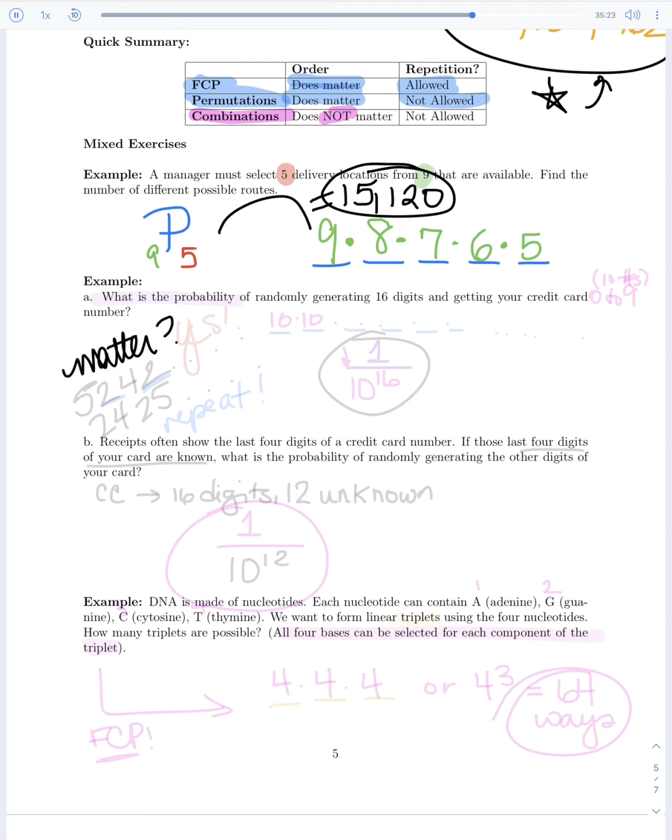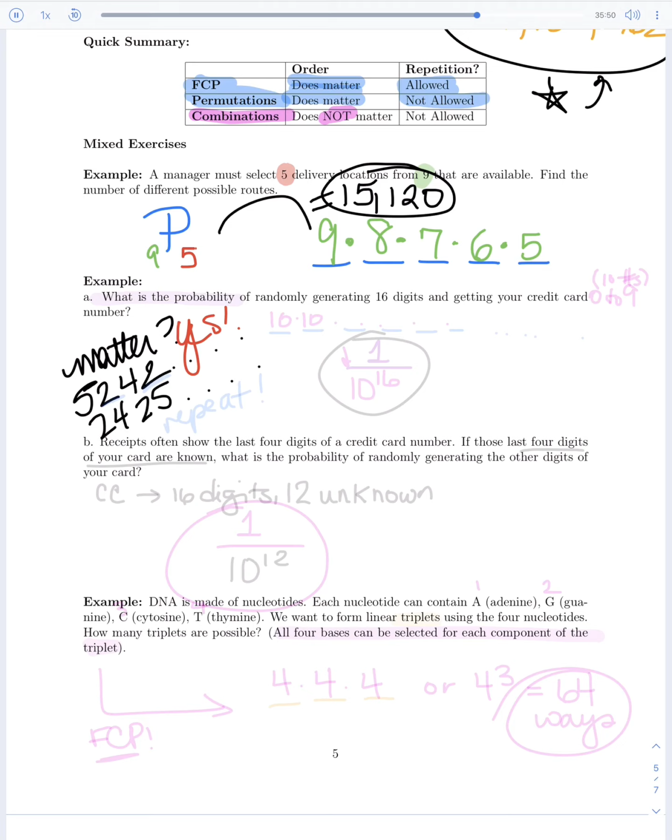The quickest way I would start is to say, if I had a credit card starting in 5242, or swap it around to 2425, can they be considered the same card? Absolutely not. They are completely different. So does order matter? Yes. If you flip them around, it's not the same card.